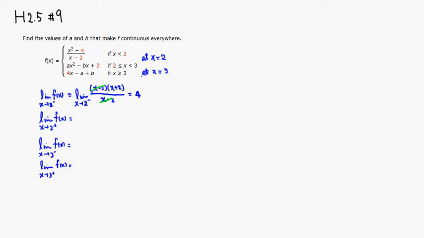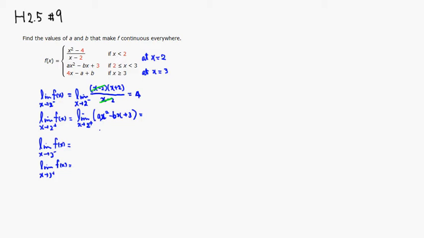And when x approaches 2 from the right, now we are looking at the parabola. So we have the limit as x approaches 2 from the right of ax squared minus bx plus 3. Since this is just a quadratic function, we can just plug in.